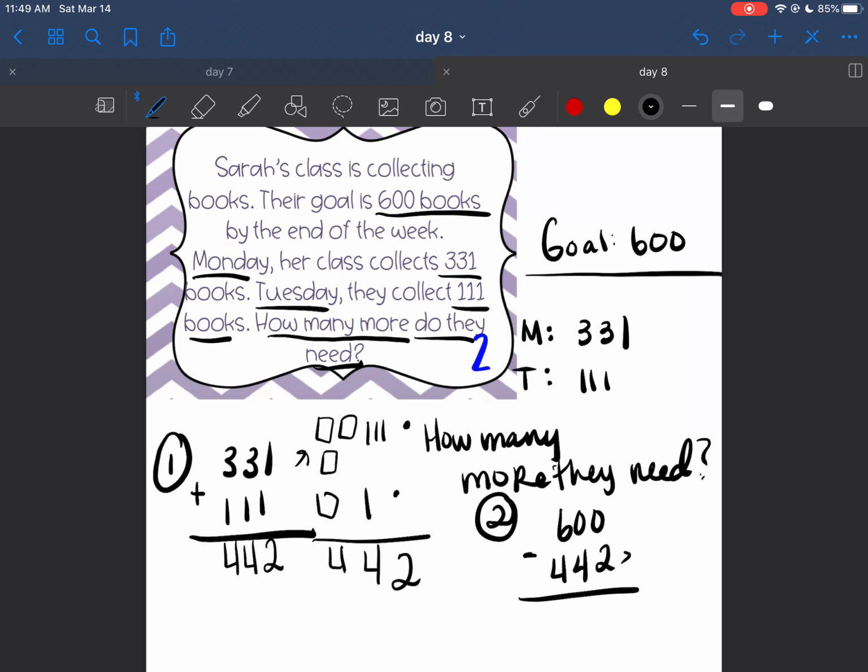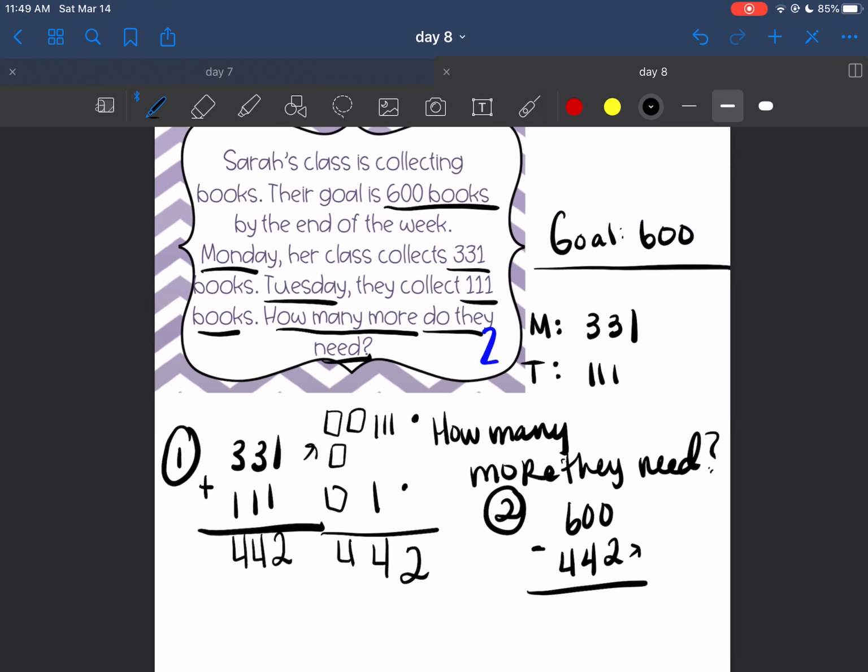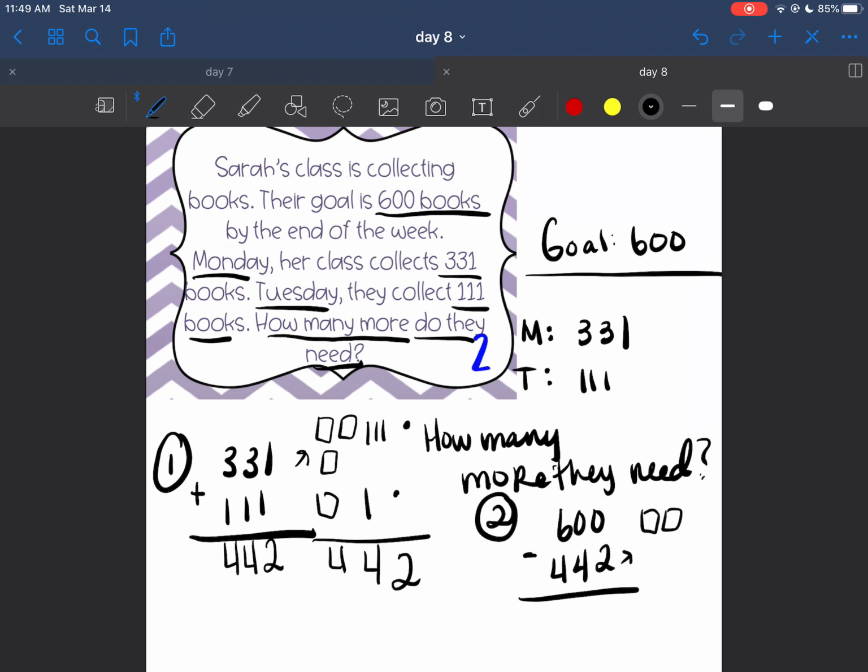I'm going to use base tens. How many hundreds? 6. I don't have any ones to take away or any tens. I'm going to take 100. Still don't have any ones. Now I can take away 2.